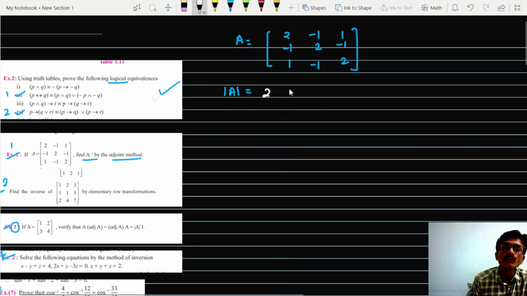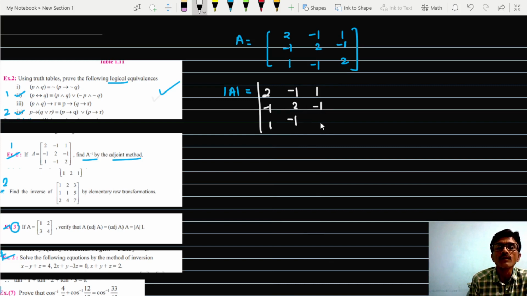Determinant of the matrix is 2 into determinant of this, 4 minus 1, that is equal to 3, minus of minus 1 into minus 2 plus 1, then plus 1 into determinant of 1 minus 2.